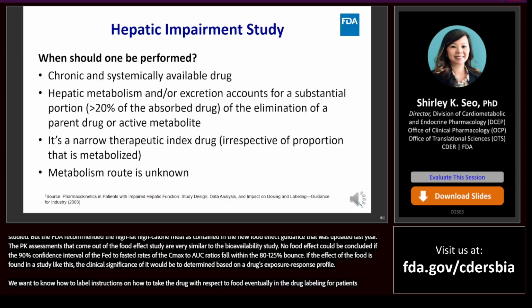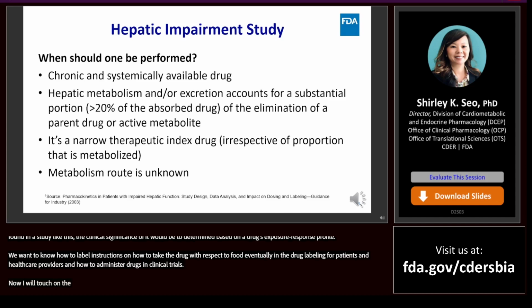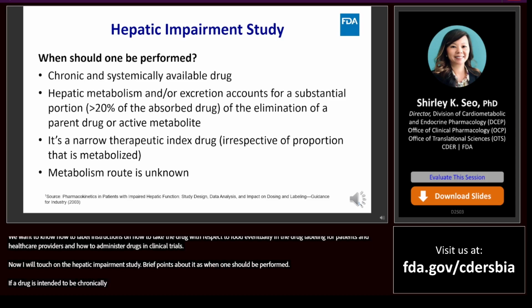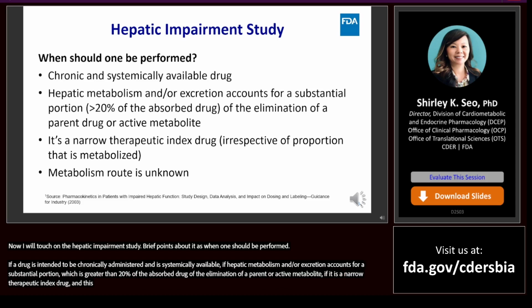So now I'll touch on hepatic impairment studies and just some brief points about it, such as when one should be performed. If a drug is intended to be chronically administered and is systemically available, if hepatic metabolism or excretion accounts for a substantial portion, which is greater than 20% of the absorbed drug, of the elimination of a parent or active metabolite, if it's a narrow therapeutic index drug, and this is irrespective of the proportion that's metabolized, or the metabolism route is largely unknown.